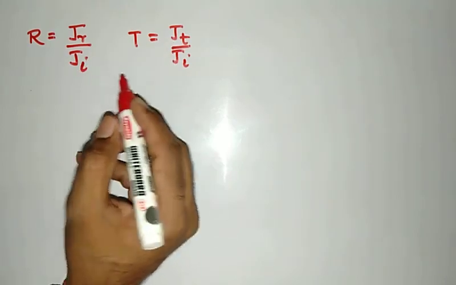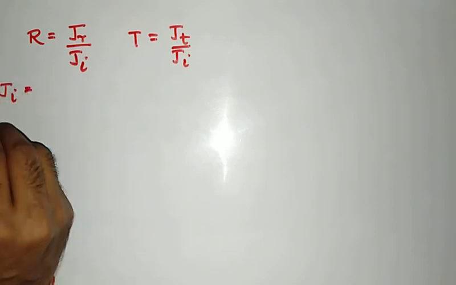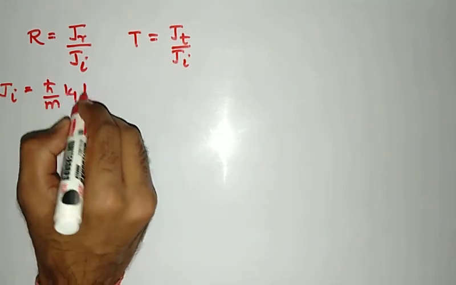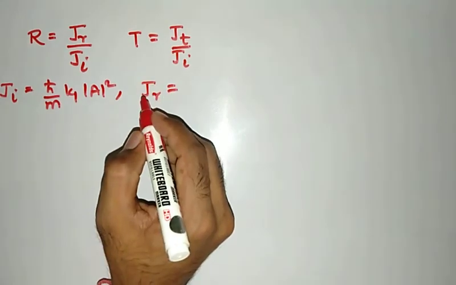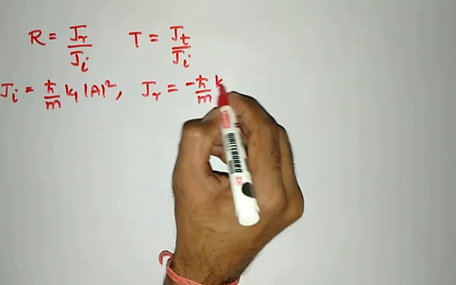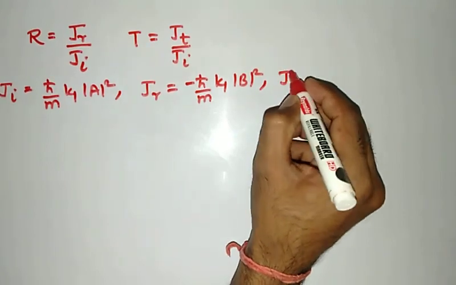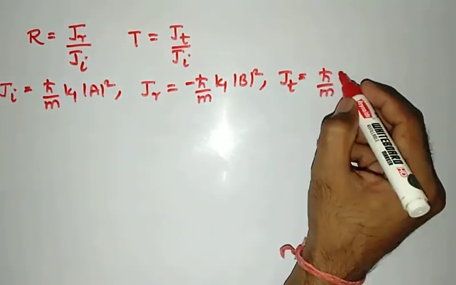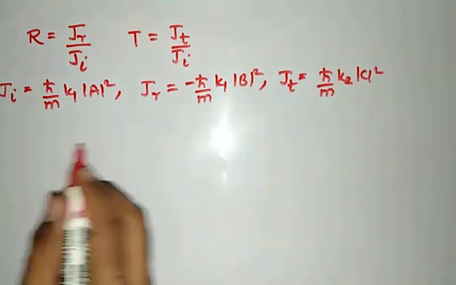Now we have calculated JI is h cut by m, k1 mod A square, JR is minus h cut by m, k1 mod B square, and JT is h cut by m, k2 mod C square. This we have calculated.